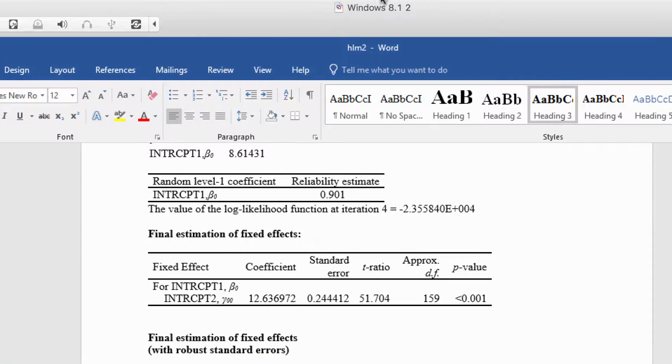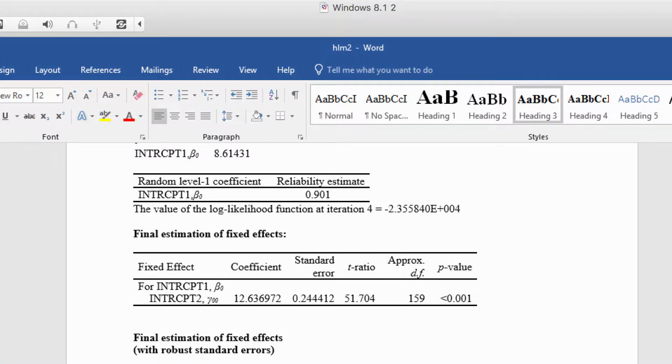And so the main part of the output that we're focused on here is the grand mean. So this is what has been calculated by the model based on the data in the data set.